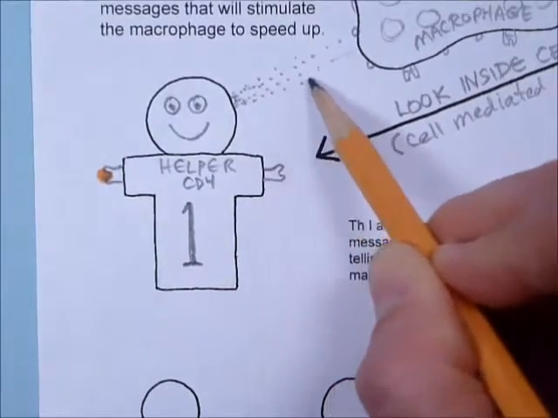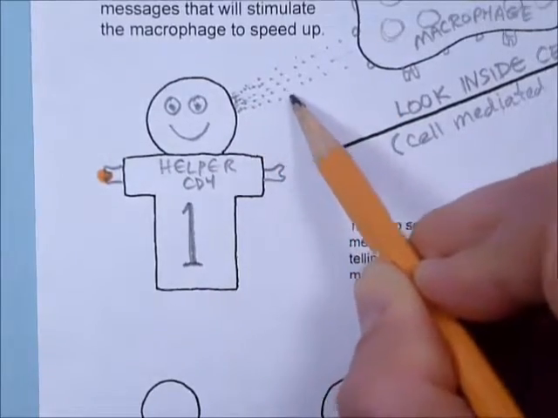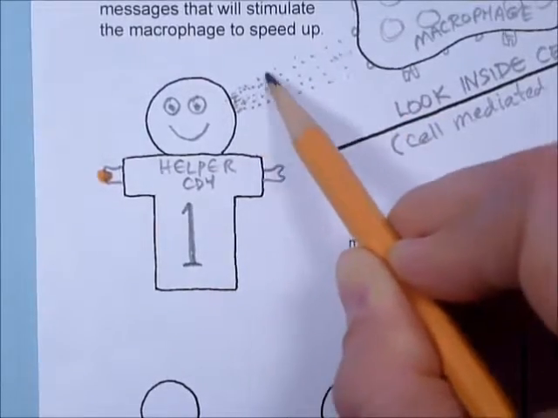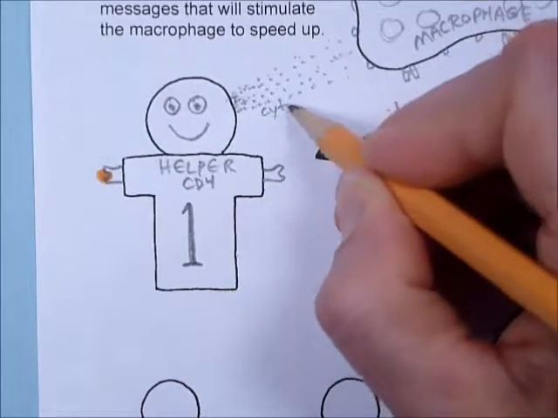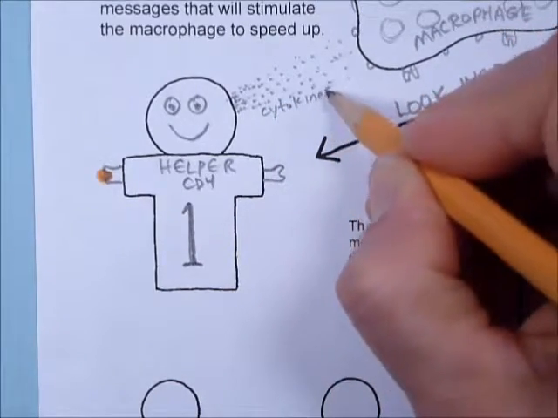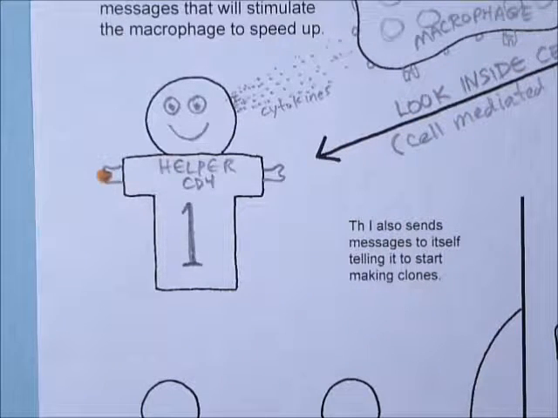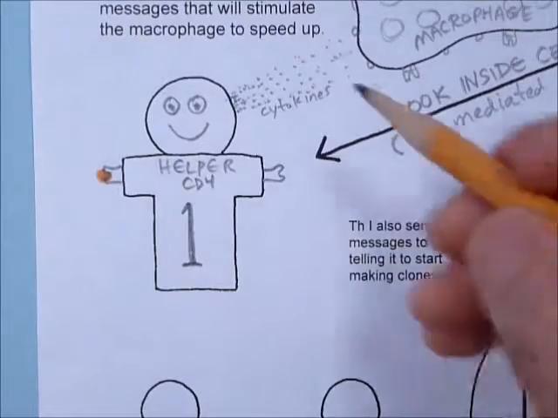This is just a cell. I could have drawn it coming out of any place. So it's going to send cytokines back over to the macrophage, telling it to speed up. It's going to be like, go macrophage, go, go, go. Eat, eat, eat, process, process, process, get those antigens out.